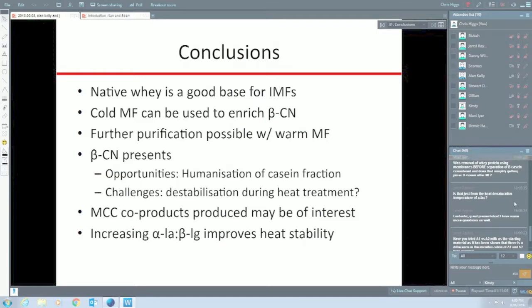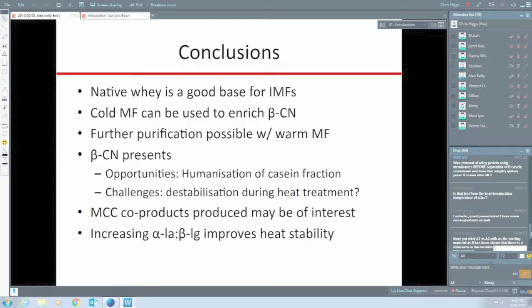There was a question there about the heat stability. I can take that if you like, from Jared, about whether the heat stability changes due to the heat denaturation temperature. The heat stability was done at 140 degrees, so it's going to be way above the temperature. But it's the fundamental reactivity of the beta-lactoglobulin and the alpha-lactalbumin being very different, and the heat stability being very dependent on the interaction of beta-lactoglobulin with kappa casein.